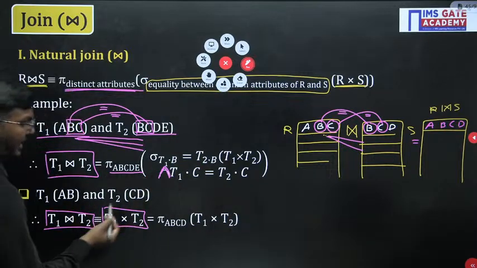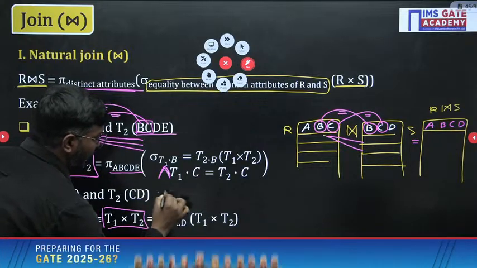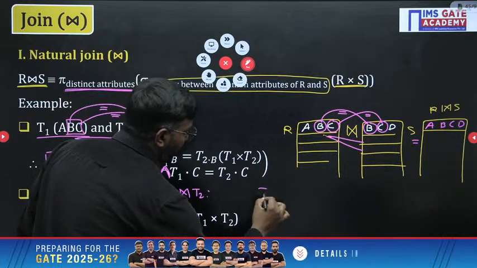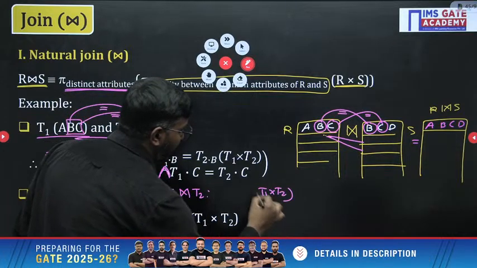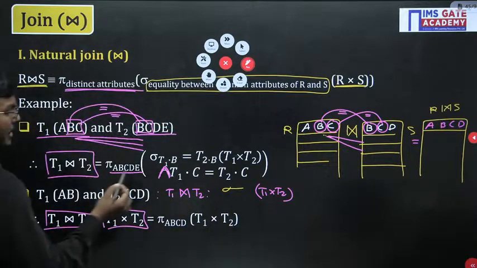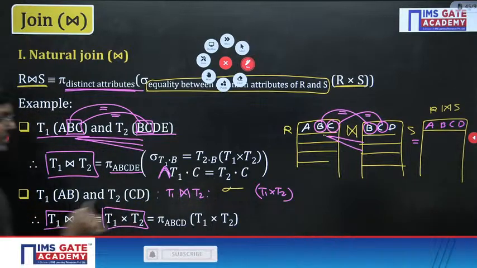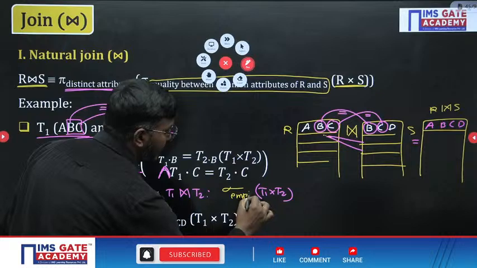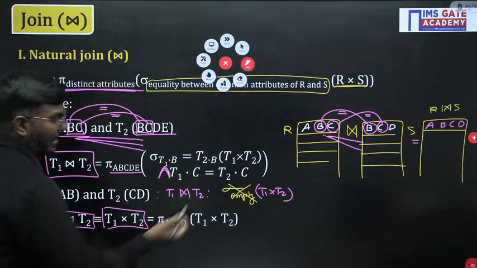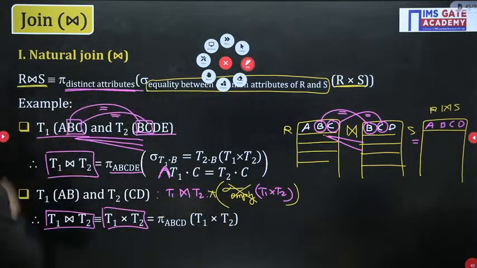If I want to perform T1 natural join T2, it will be T1 cross product T2 and then apply the condition. But the condition should be equality between the common attributes. Do you have any common attribute? No. It means the condition will be empty. If the condition is empty, then it will simply have no effect. And finally on this, project the distinct attributes, like here A, B, C, D.